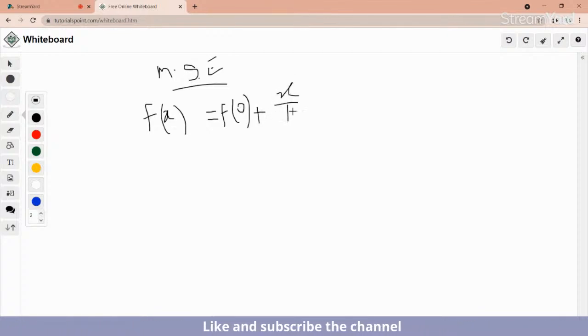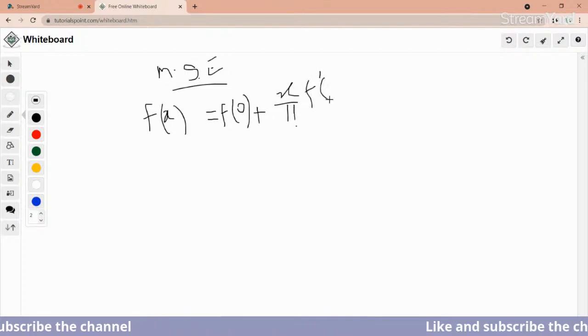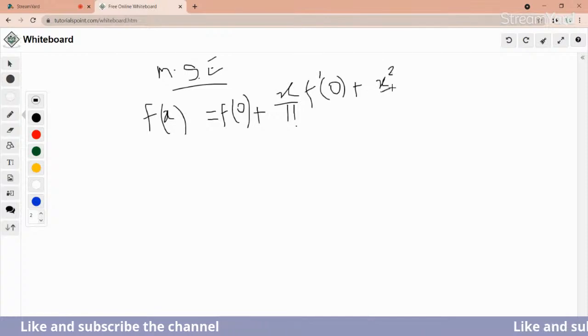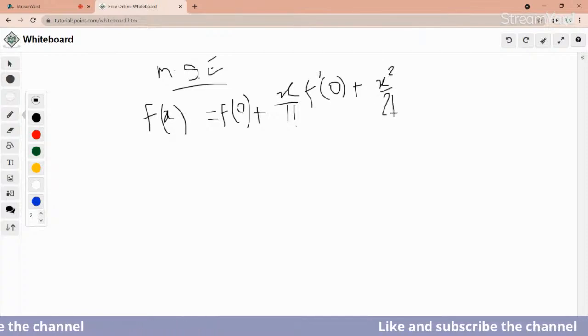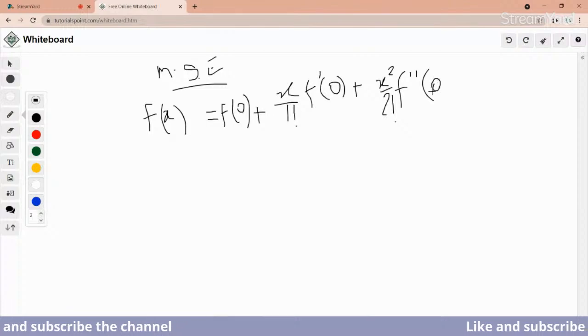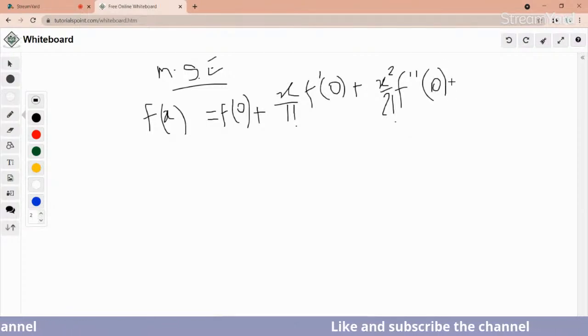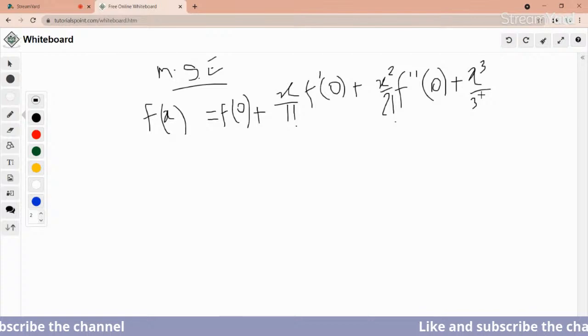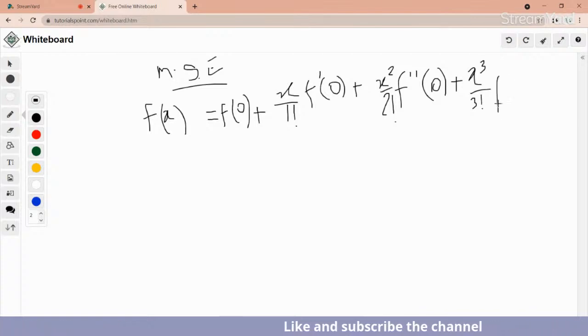then x by 1 factorial f dash 0, plus x square by 2 factorial f double dash 0, plus x cube by 3 factorial f triple dash 0.